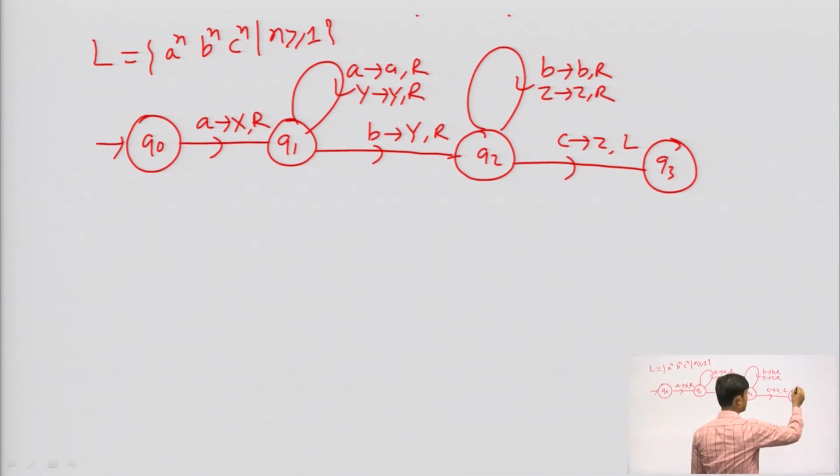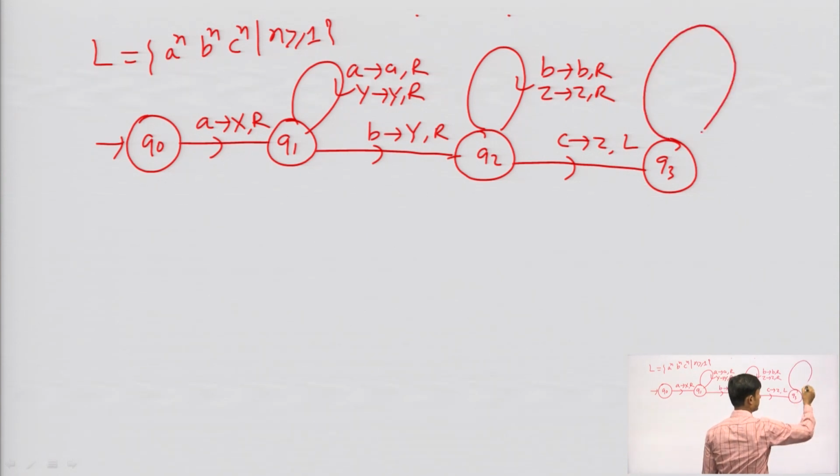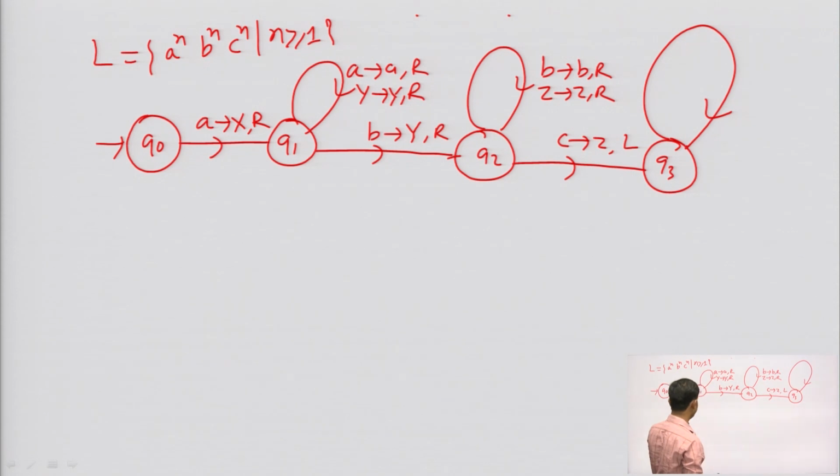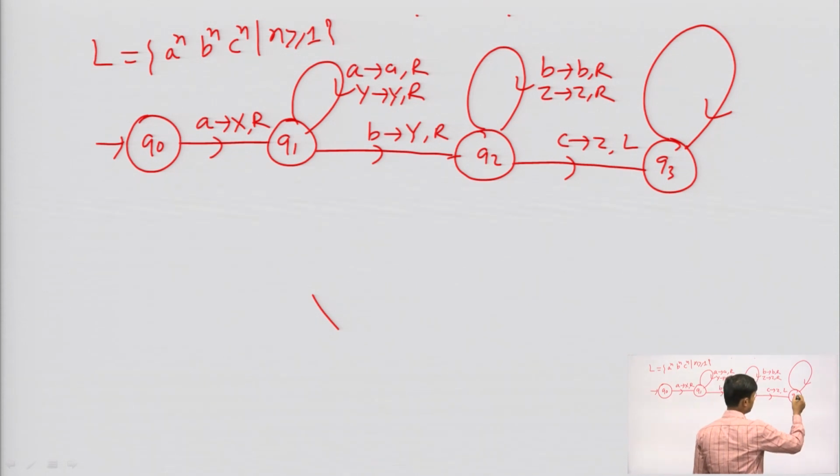So now you have to check it. At q3 you have to make a loop here. Again you have to go to the initial state. First one a replaced by x, one b replaced by y, one c replaced by z. Then go back to the initial state. Now at q3, when you come back to a, what do you get?